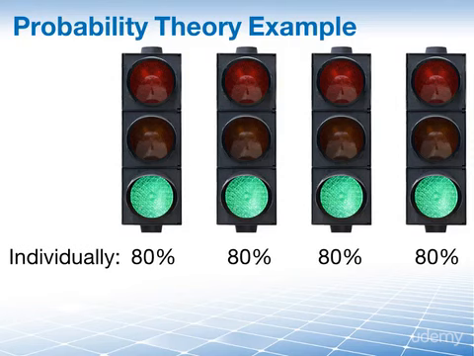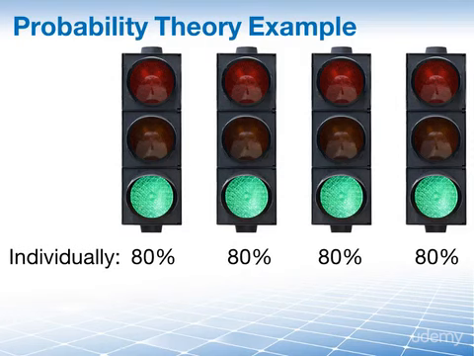So go ahead. What is my chance that I will get from start to finish with all green traffic lights? 4 traffic lights green in a row without ever having to stop. What do you think my probability is on this one?